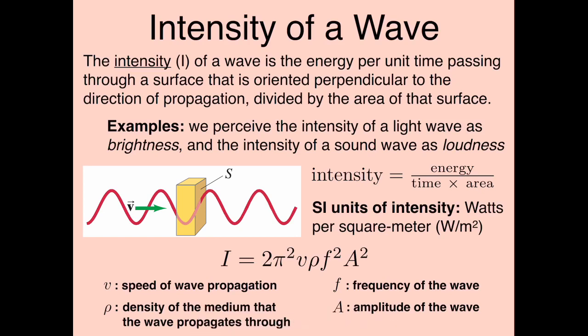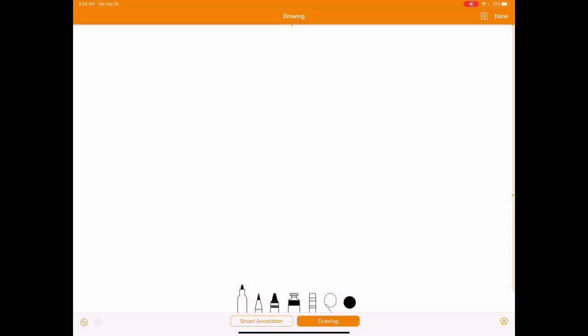The next thing we're going to do is derive an equation for the intensity of a mechanical wave that's shown here. Before we describe the equation, let's do the derivation to see where this comes from. To start, let's just copy down the definition of intensity.